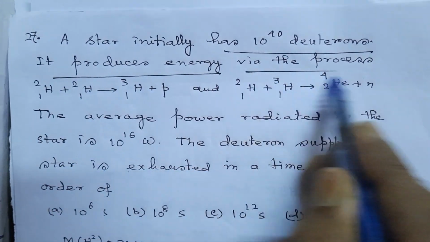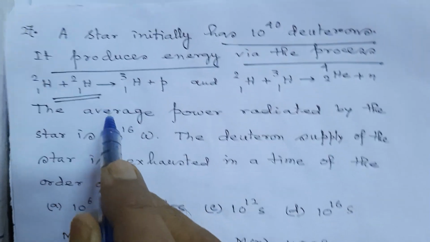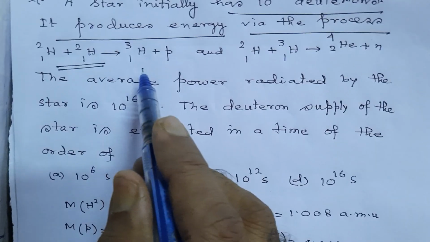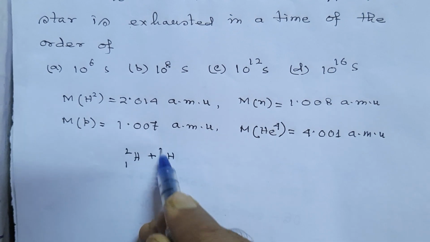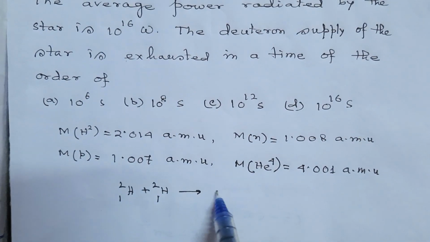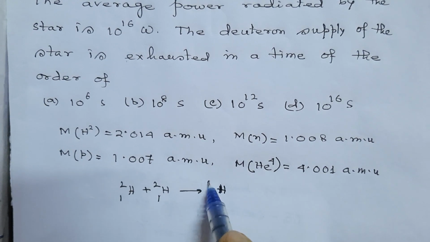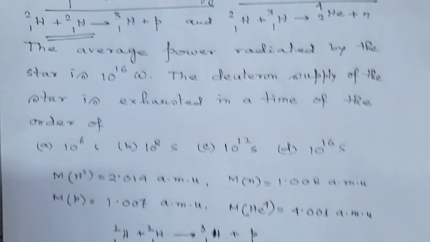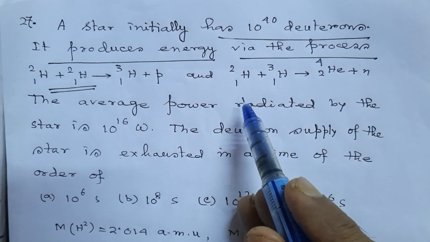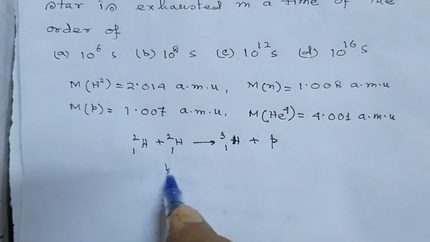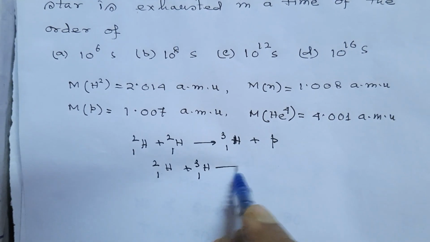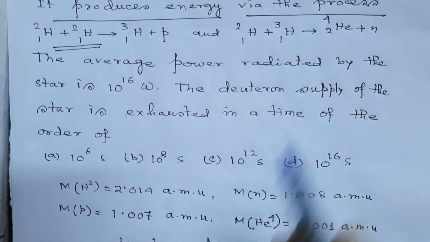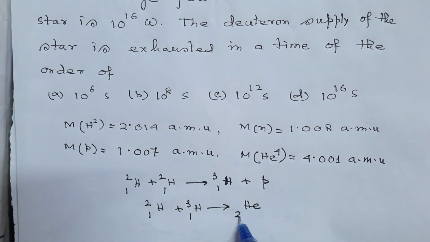It produces energy via the process 1H2 plus 1H2 equals 1H3 plus P. So first of all, we write down the equation: 1H2 plus 1H2 equals 1H3, tritium, plus P. In the next reaction, 1H2 plus 1H3 equals 2He4 plus neutron.